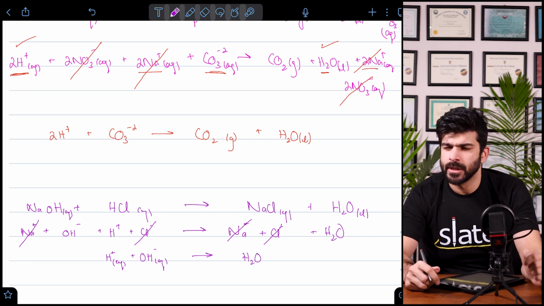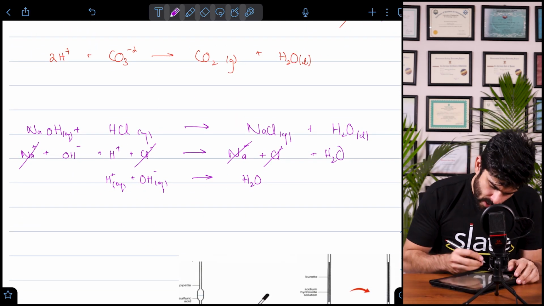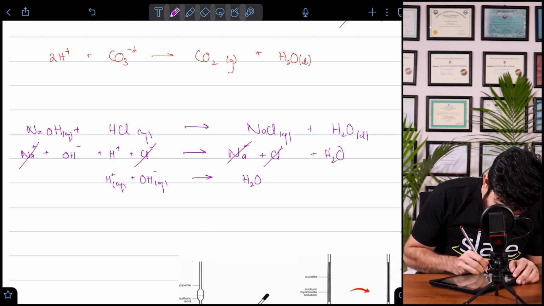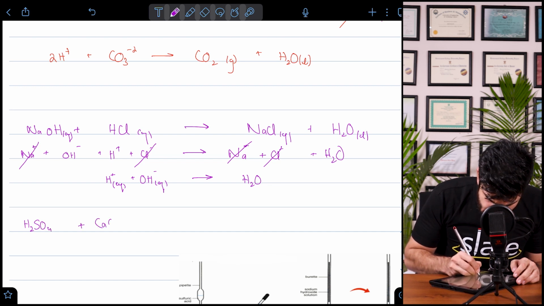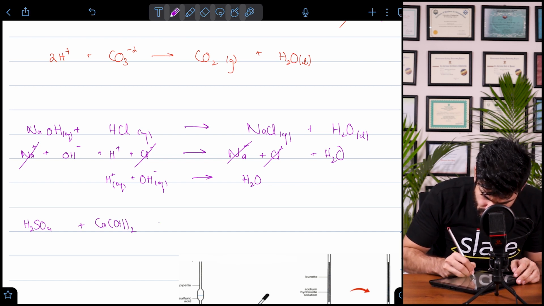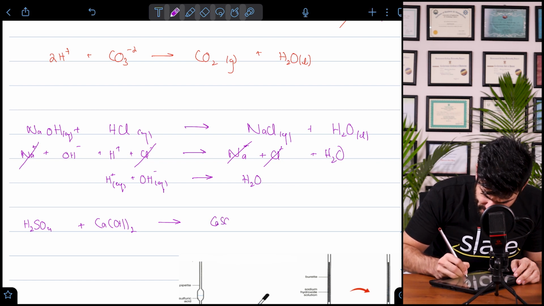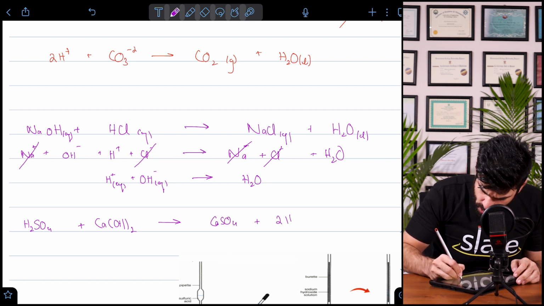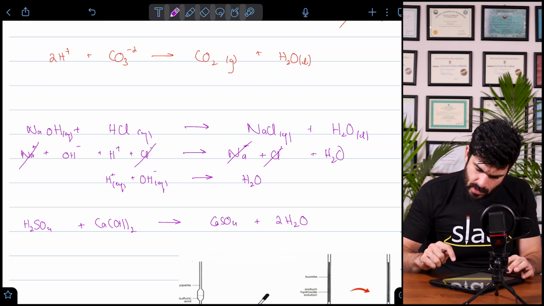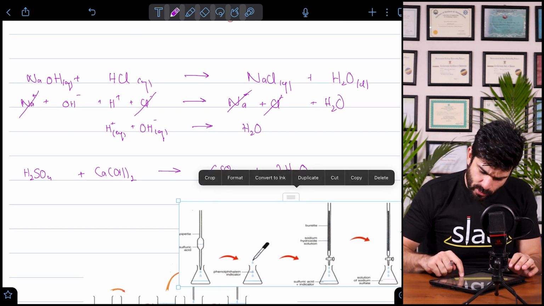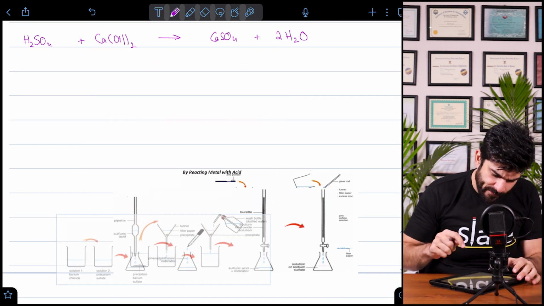Let's do another neutralization reaction equation. Let's see. H2SO4 plus calcium hydroxide will form calcium sulfate plus 2 moles of water. Students, let's see what the result is about. Sorry, this is the next topic that we have to discuss.